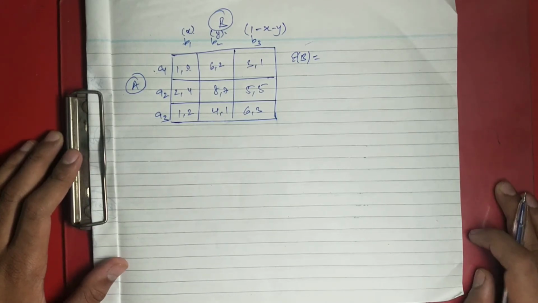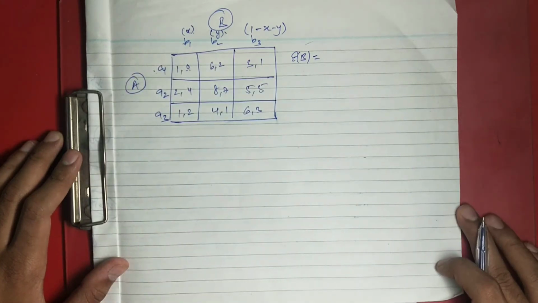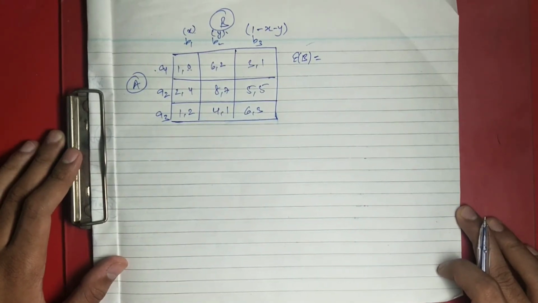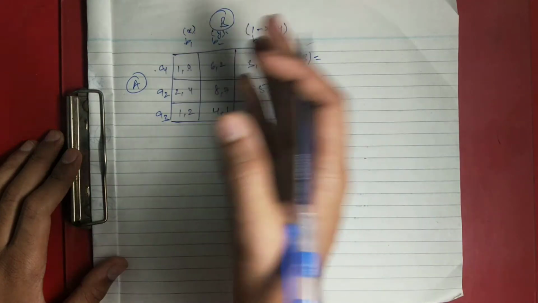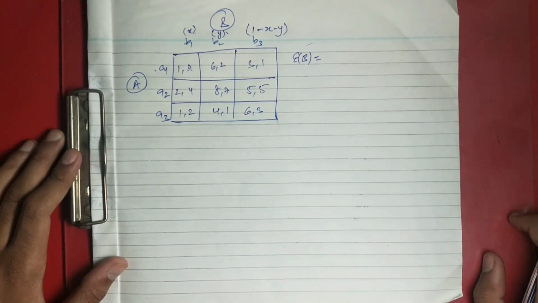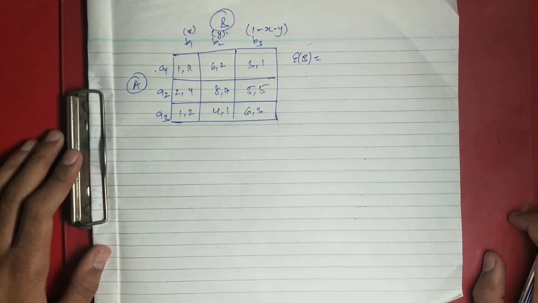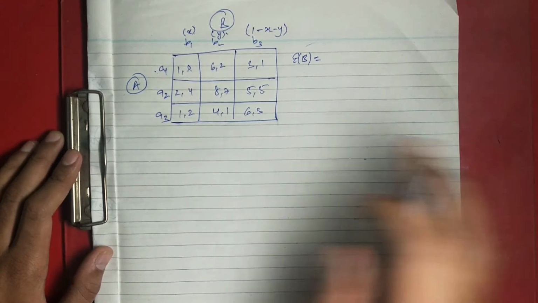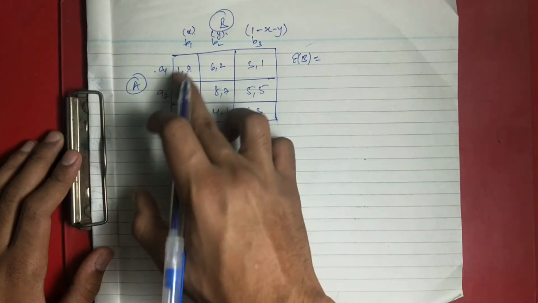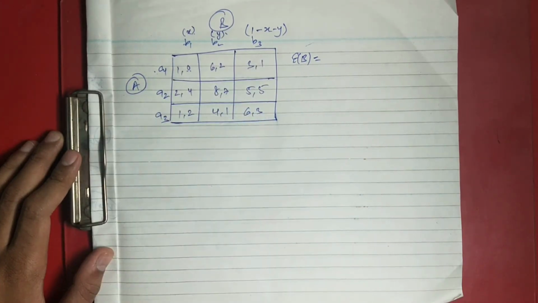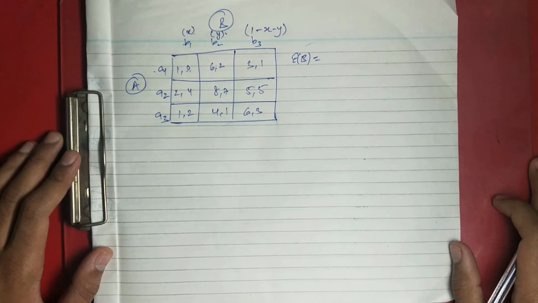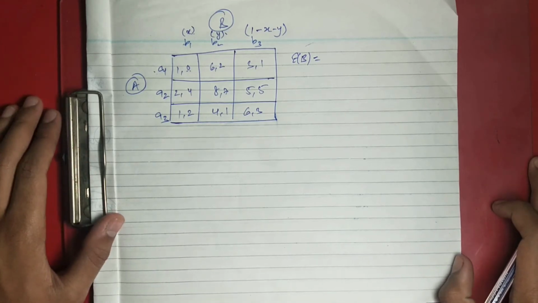There will be one row and one column which will be weakly dominant, to which the other columns are weakly dominated. So let's see for A now, which row we can eliminate.